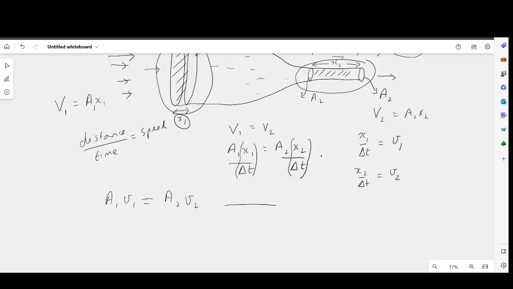Now what does this equation tell us? If I modify this equation in the following manner, then this tells us something insightful. It is telling us that the velocity is inversely proportional to area.